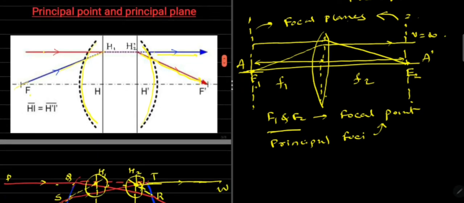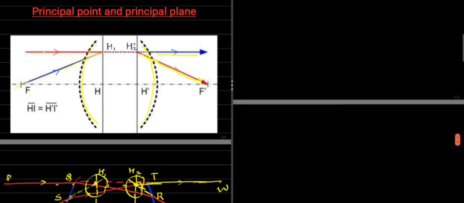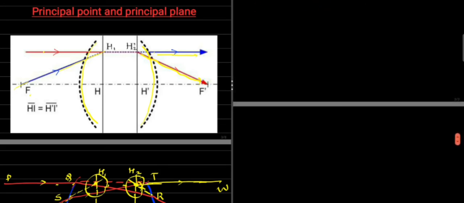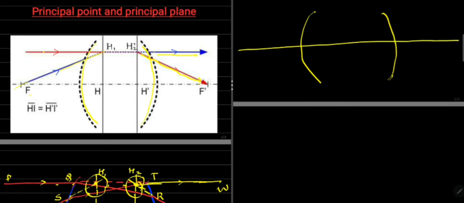Now we'll move to the second one, that is the principal point and then principal plane. So here what will happen? We will take a thick lens, and then we'll draw one principal axis on the thick lens.